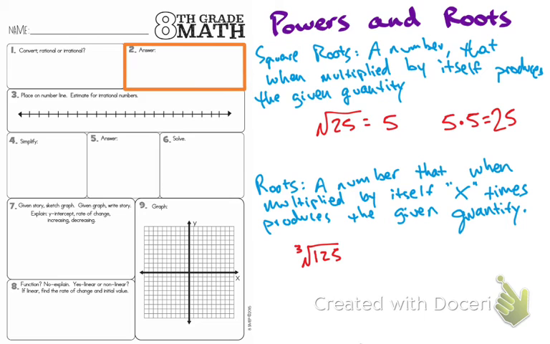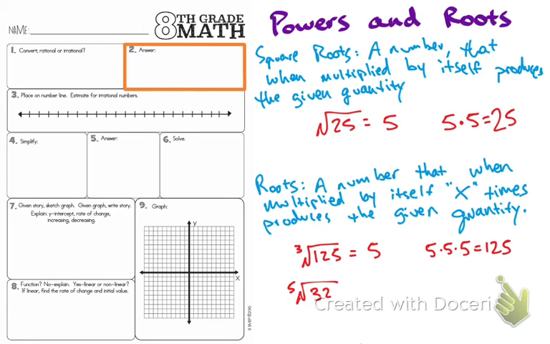We might have the cube root, or we could also say the 3rd root of 125. In this case, we're looking for a number that we would multiply by itself 3 times to give us the quantity of 125. Well, in this case, I would know that my answer would be 5 again, because 5 times 5 times 5 is equal to 125.